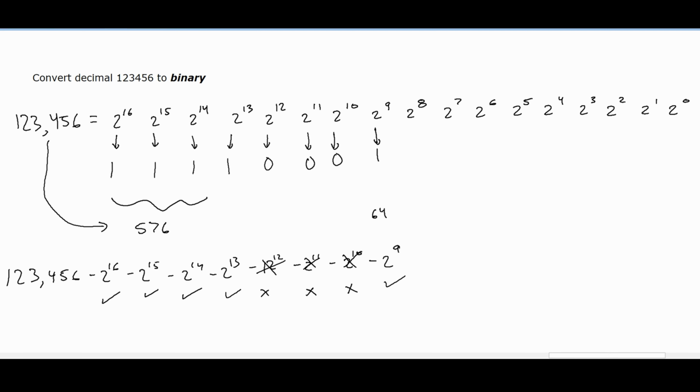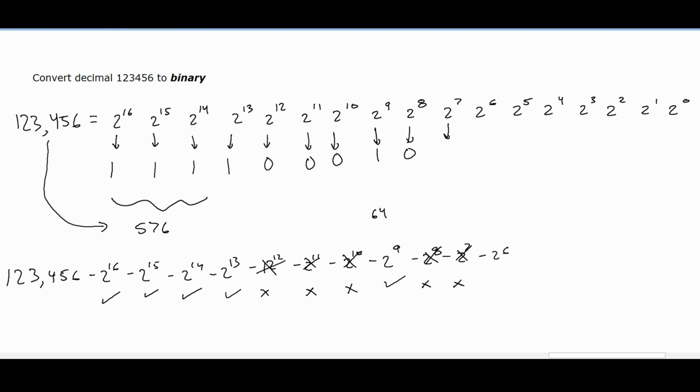2 to the 8 is going to be too big. If we subtract this, we are going to get a negative 192. So 2 to the 8 is not going to be in here, and we can represent this as a 0. So we'll skip 2 to the 8, and we'll try 2 to the 7 in our calculator. We're still going to get a negative number. We're going to get a negative 64, so 2 to the 7 is out.